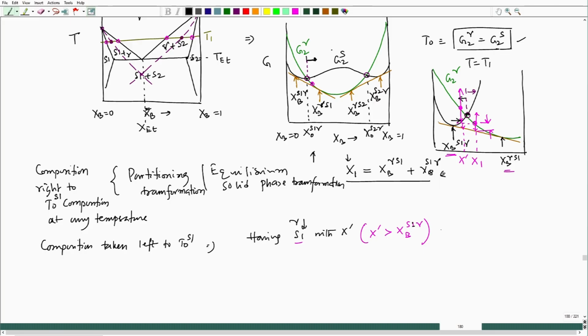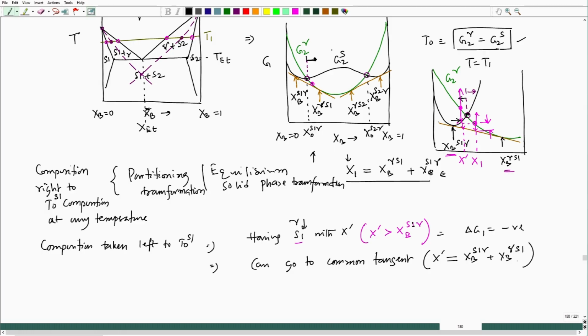So, this particular transformation has a negative delta G, let us say delta G1 is negative, but it can also go to the common tangent, where x prime will divide into two compositions, XB of S1 in equilibrium with gamma plus XB of gamma in equilibrium with S1.